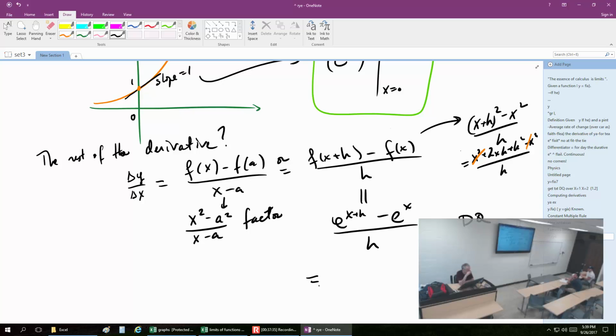But what happens to the expression if you have addition in the exponent, x plus h? Does it combine? No. You can decompose it into what? Into multiplication. So can you tell me what it is? e to the x times e to the h.